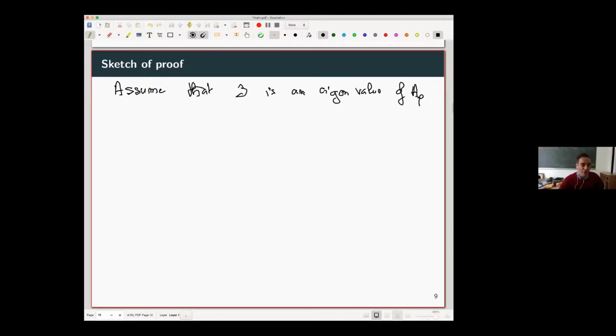So if 3 is an eigenvalue, it means I have an eigenvector. So there exists a non-zero element, a function from S to H, which is non-zero, such that A rho phi equals 3 phi.